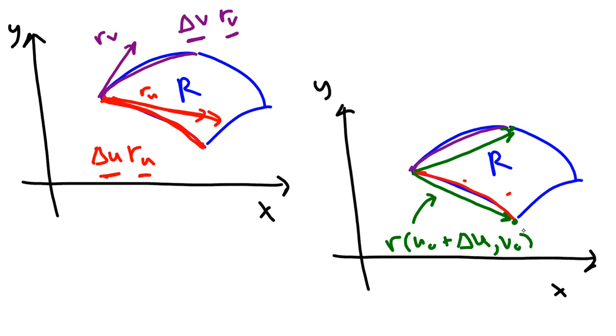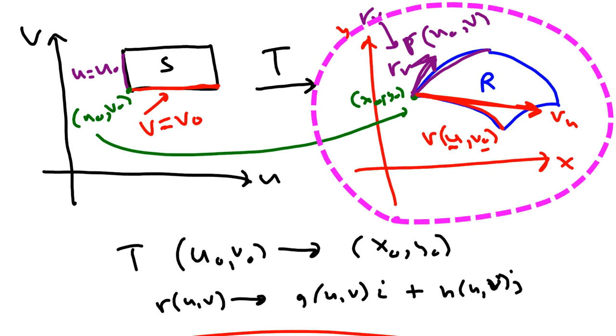Now, it might be a little confusing where that's coming from, but let's go back to the original picture. If we look at this literal rectangle up here, then what I'm really suggesting is that the length of the base is delta u, and how tall it is is delta v.